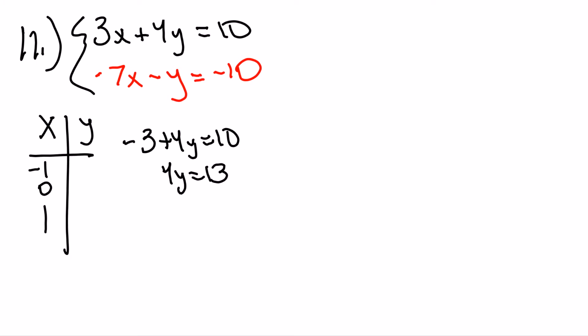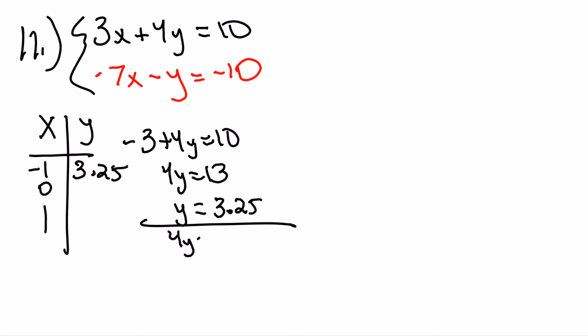So I get y equals 13 over 4, which is 3.25. Now I plug in 0. 4y equals 10. I divide both sides by 4. I get y equals 10 over 4, or 5 halves, or you're probably going to put 2.5.